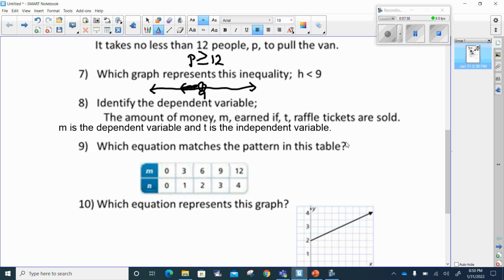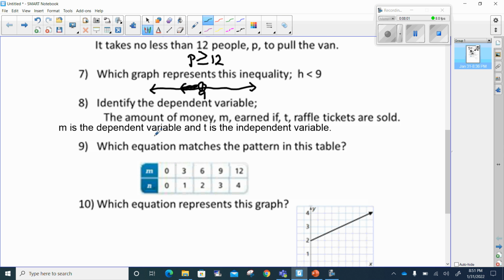Okay, let's go to number 9. Which equation matches the pattern in this table? Well, let's get a look at this for a second. When I increase by 3, I increase by 1. When I increase by 3, I increase by 1. When I increase by 3, I increase by 1.